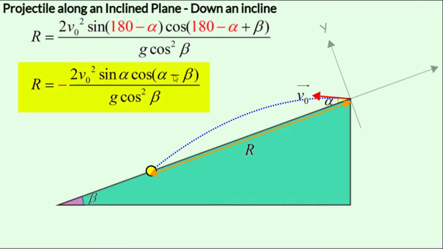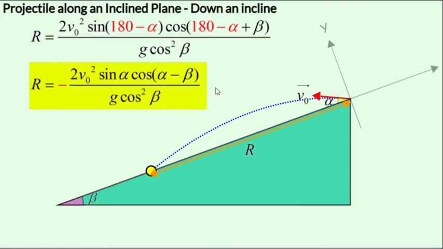What would that mean? The negative range means that we are measuring the range in the negative direction of the x-axis here, that is down the incline, and the positive x-axis is up the incline. But what we are really interested in is the magnitude of this range, and we find one small difference from the formula when the launch was upward.